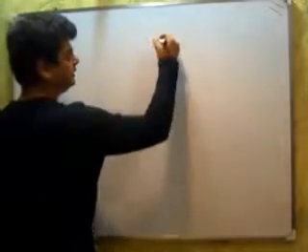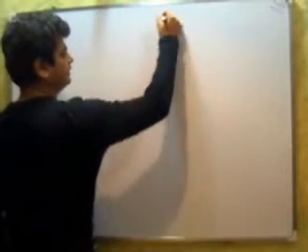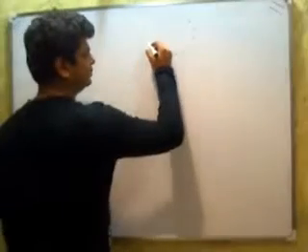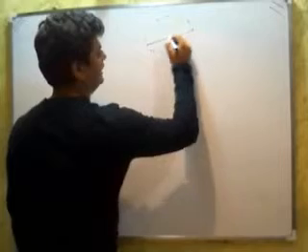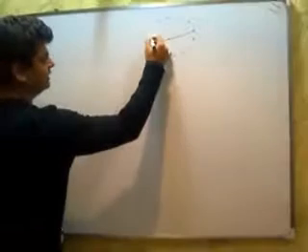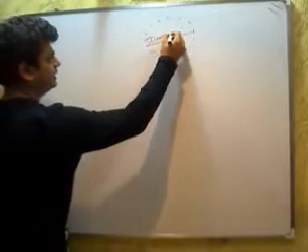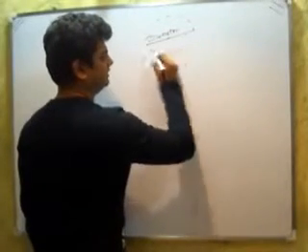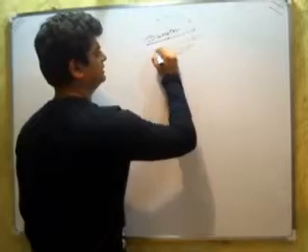Now, I am handling a circle right now. I just told you line joining any two points and passing through the center is called the diameter. So this line is diameter. As you can sense, this is a chord, this is a chord, this is a chord, this is a chord, this is a chord.